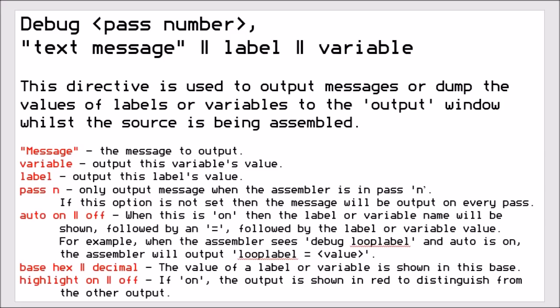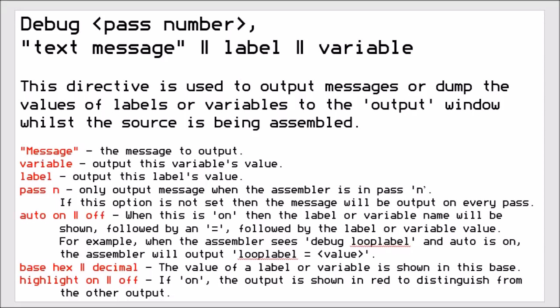Instruction. Debug, this allows you to, when the assembler's running in the output window, specify what sort of things you want to see in that window when it's doing its passes. So you could set a message, you could tell it to output a variable on each of the passes, so in each of the passes you can see what it is. You can tell it to show a label.